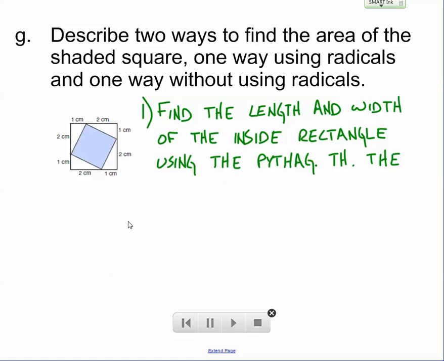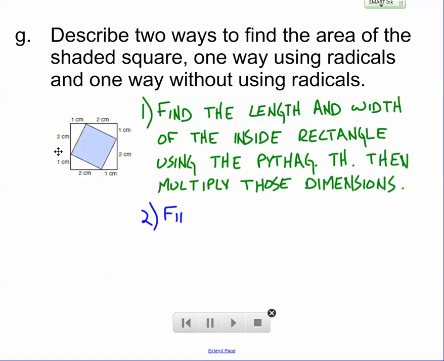Then we would just multiply that length and width to find the area. Then multiply those dimensions and we'd have the area.